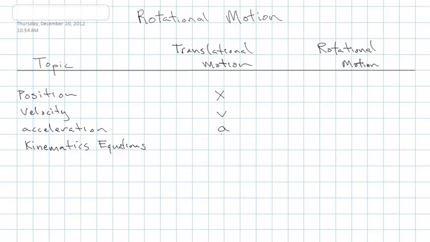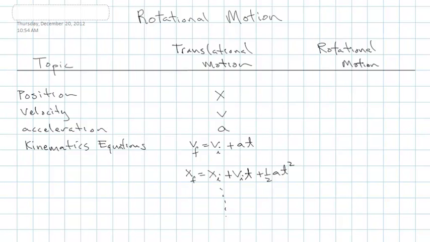And when the acceleration is constant, we can come up with these kinematics equations. Things like v final is equal to v initial plus at, or x final is equal to x initial plus v initial t plus 1/2 at squared. And there are a couple of others.